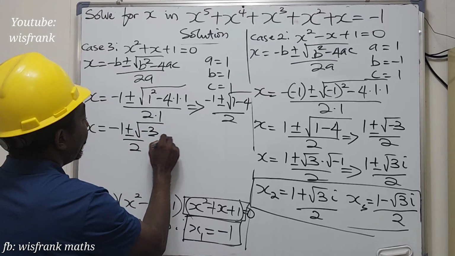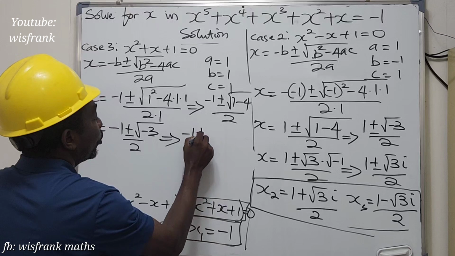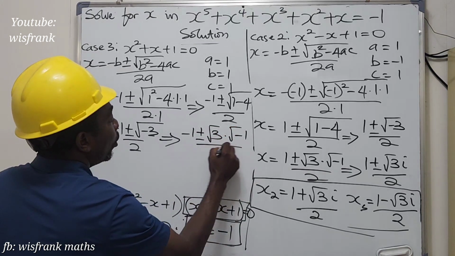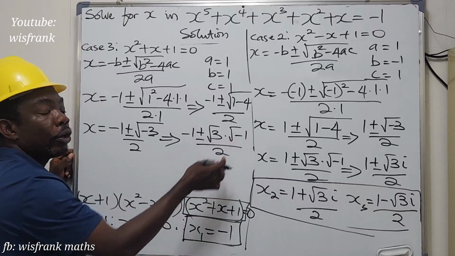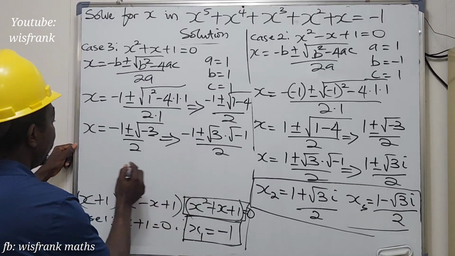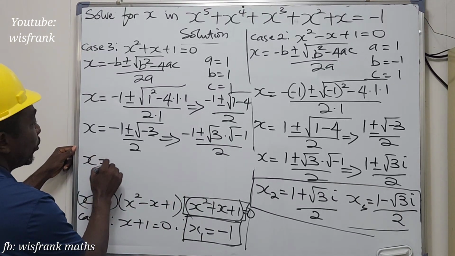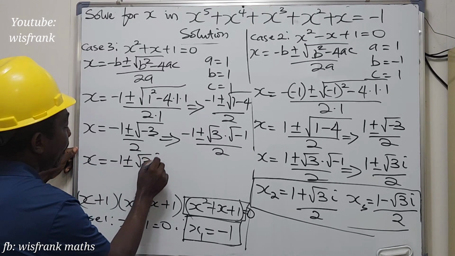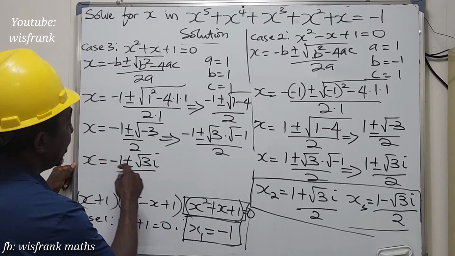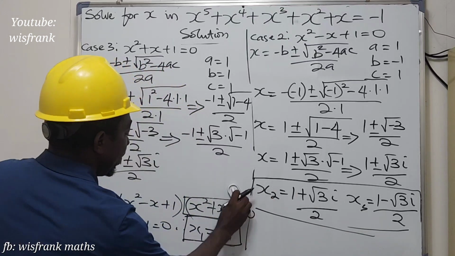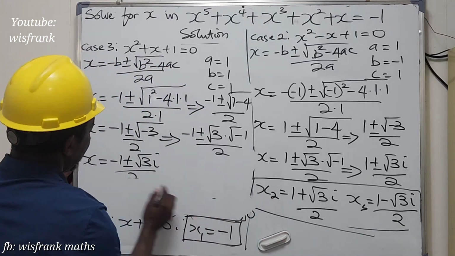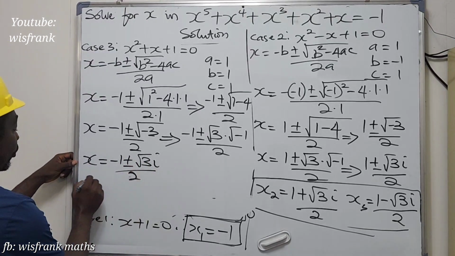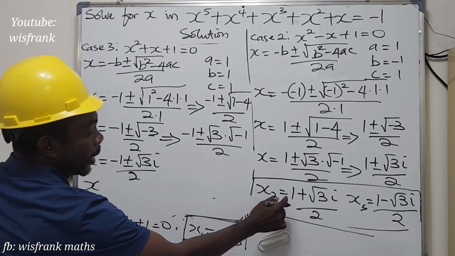So this can be written as minus 1 plus or minus root 3 times root minus 1, all over 2. We all know that root minus 1 is iota, so our value of x equals minus 1 plus or minus root 3 iota all over 2. In this case, we also have two solutions here.